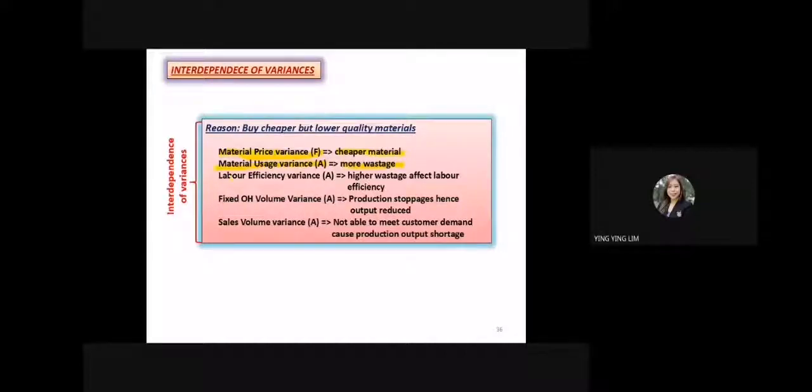Alright, so if let's say the company also hires a less skilled worker, maybe your labor rate variance that you calculate is favorable. So if your labor rate variance is favorable, it could be I'm hiring a less experienced or less skilled worker.